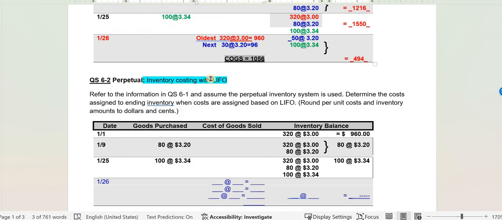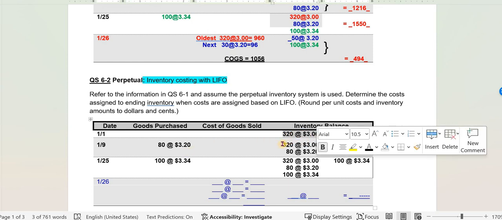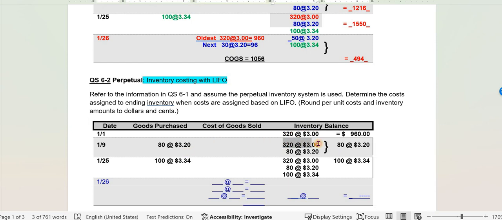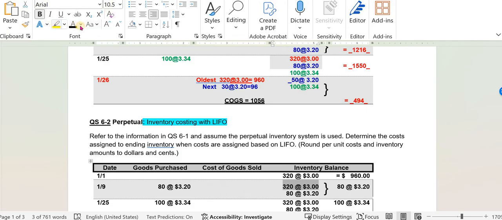Well, let's move on and do the same thing with LIFO. LIFO. Well, the purchases are all the same. The original inventory is the same. That was my red layer.